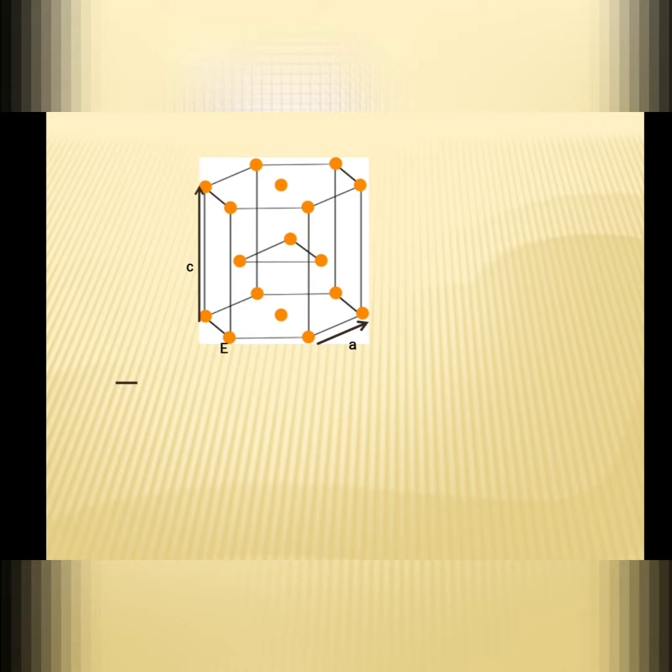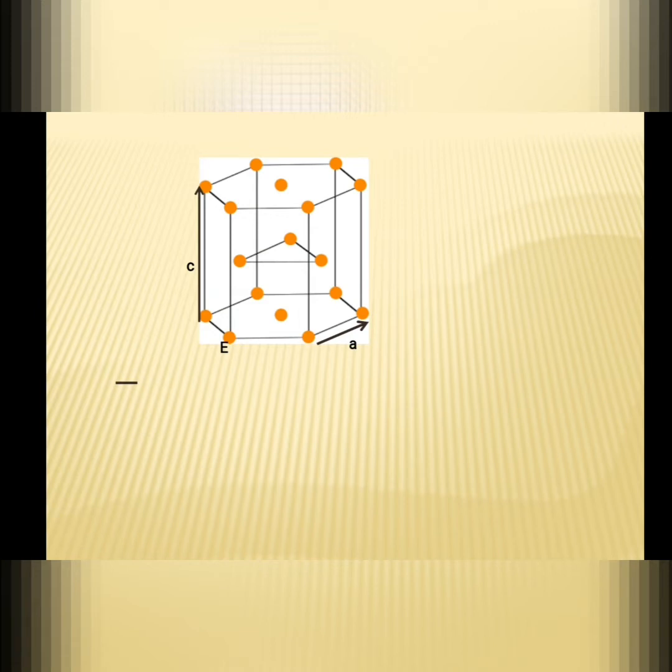Now for hexagonal system, for calculating the volume of the hexagon, we have to consider two things. One is the edge length of the base, here it is denoted by A, and another is the height of it. Now think about the base of the hexagon.